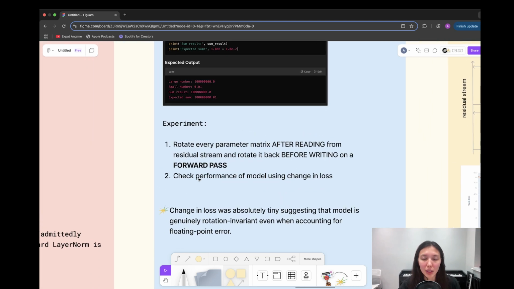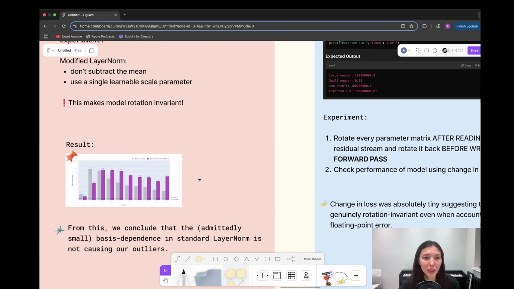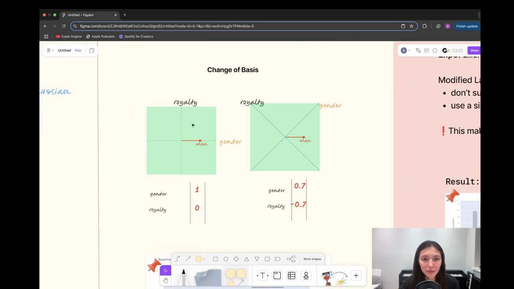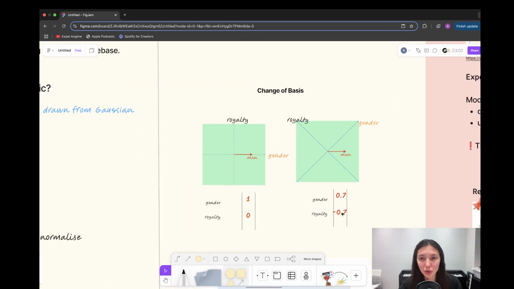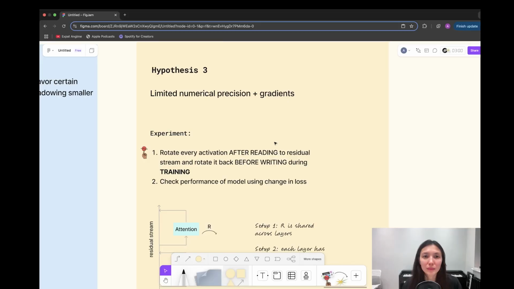So again, just to make it more illustrative, let's go back to this example. If the model is basis aligned, we should see large values here, right? And if we rotate the basis, then the values of this vector should be equally distributed across basis directions.